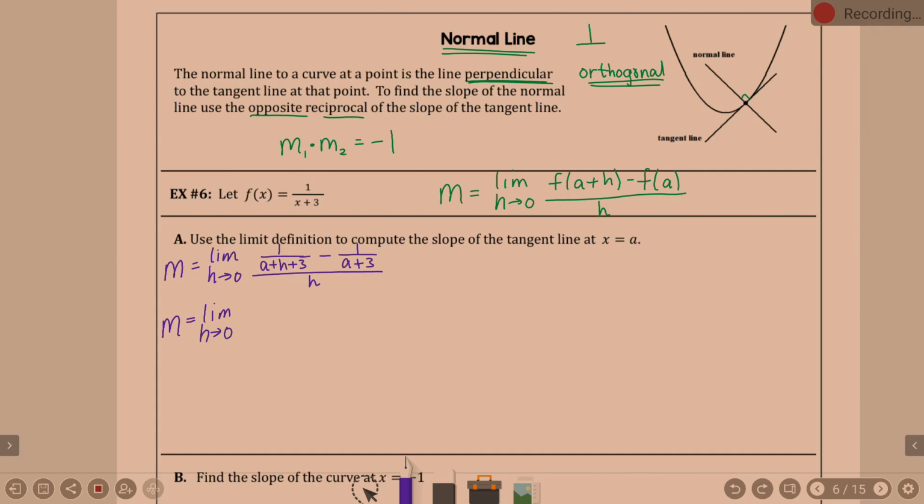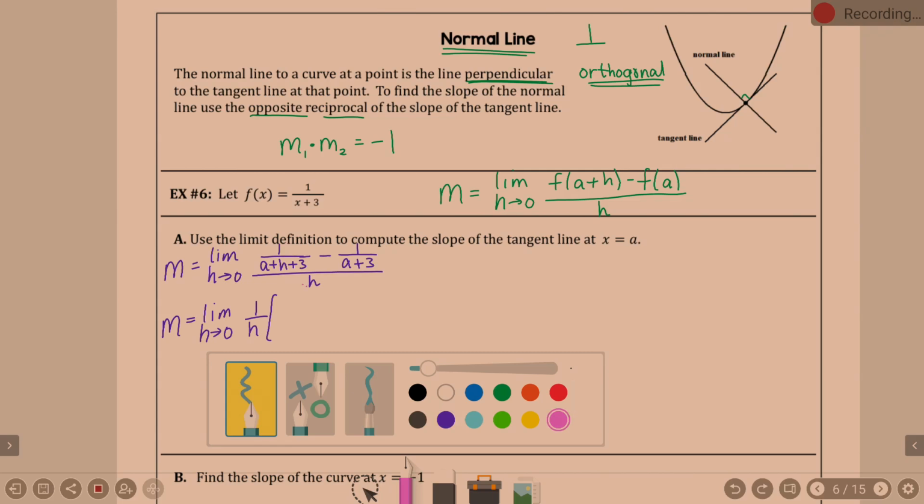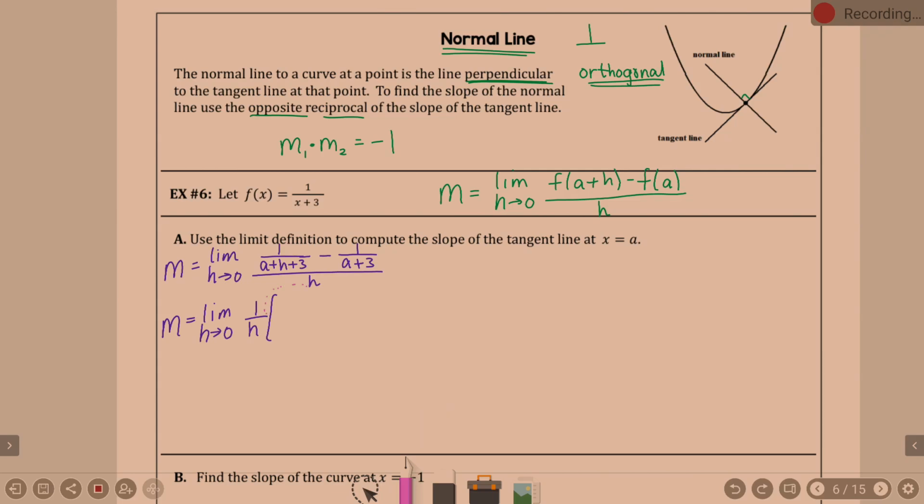First of all, to make this a little less chaotic, this is all divided by h, yes? So dividing by h is the same thing as multiplying by 1 over h. So I'm going to take that h that's divided by, and I'm going to put it out front here, so it's just kind of out of my way.